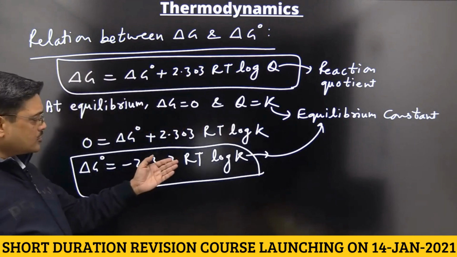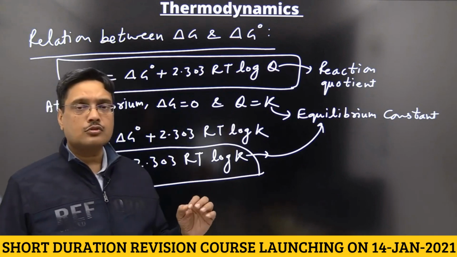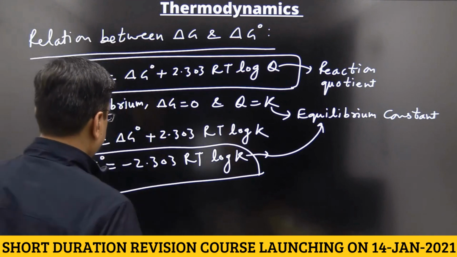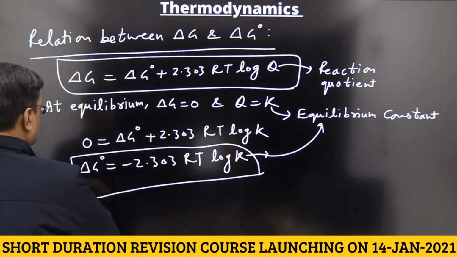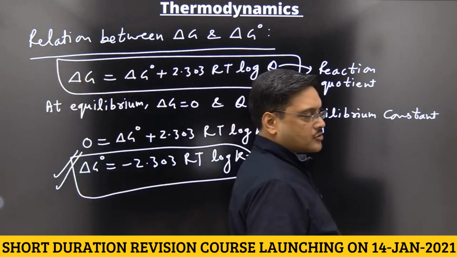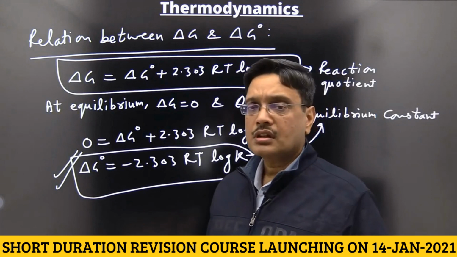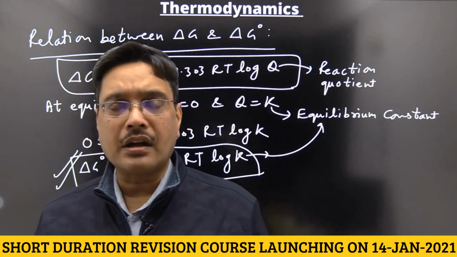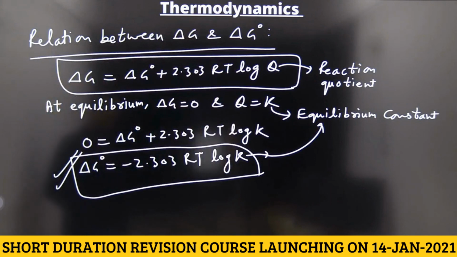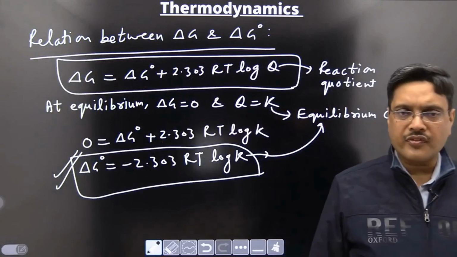R can be in joules or calories according to the question. R is 8.314 joule per Kelvin per mole, or about 2 calories. So this is the theory part and the formula part of the chapter. Now we see some questions based on Gibbs free energy.